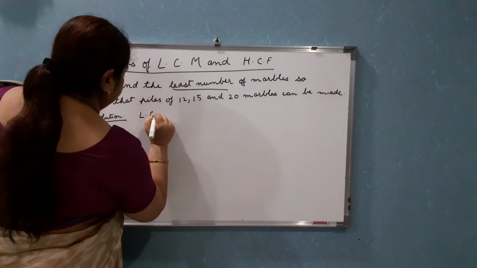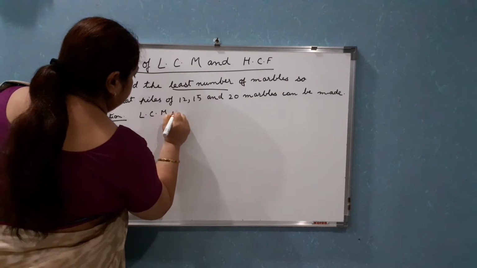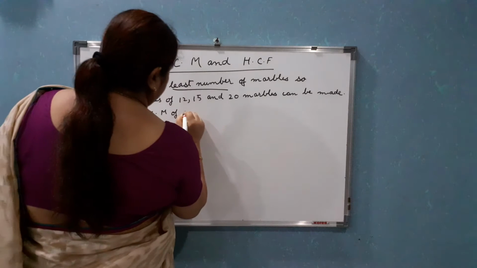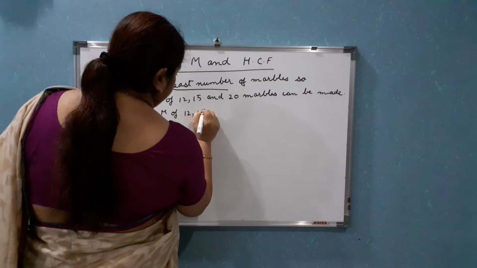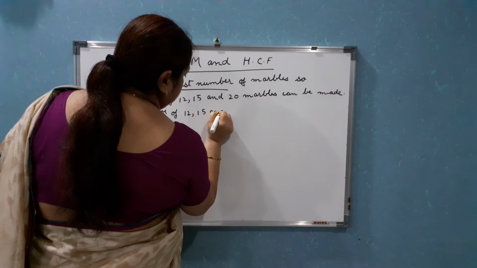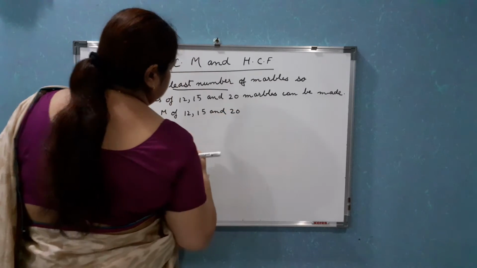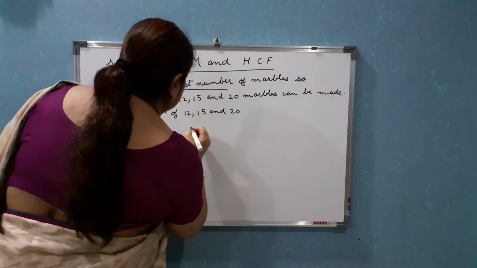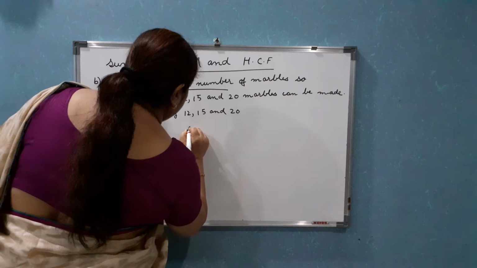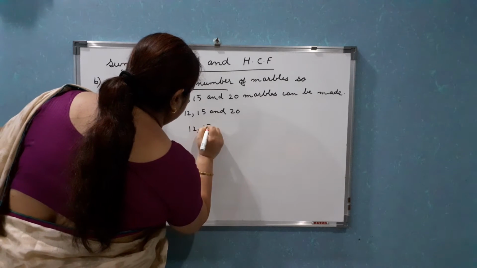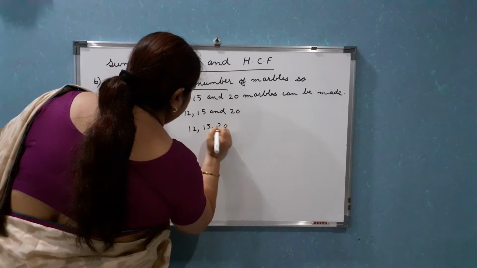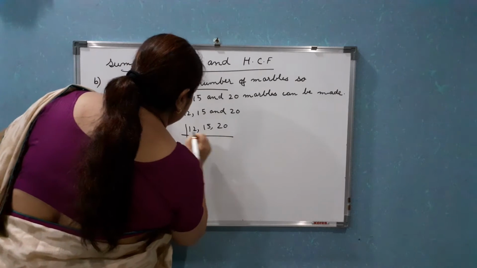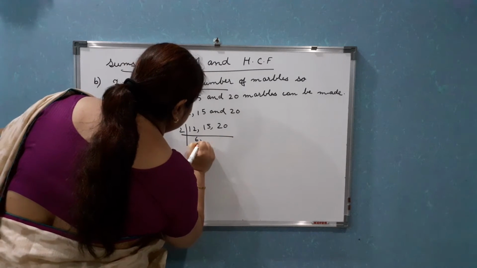LCM of 12, 15 and 20. Now find out LCM of 12, 15 and 20 by common division method. See here 2, 6.